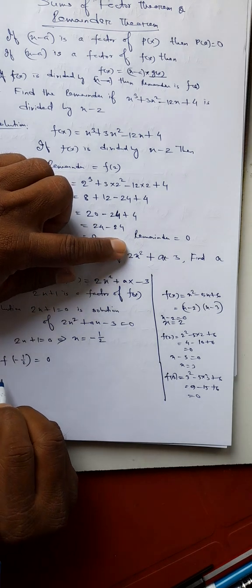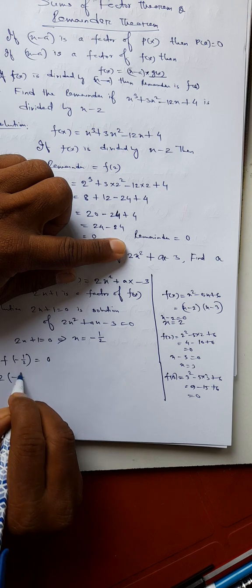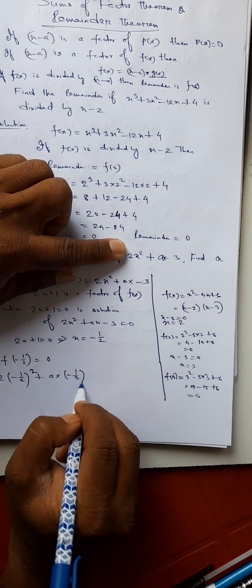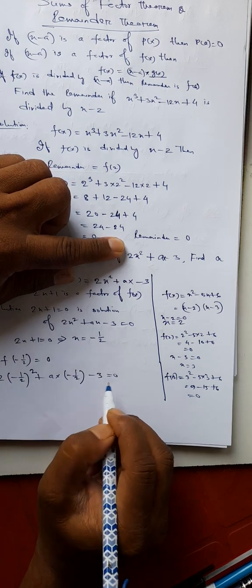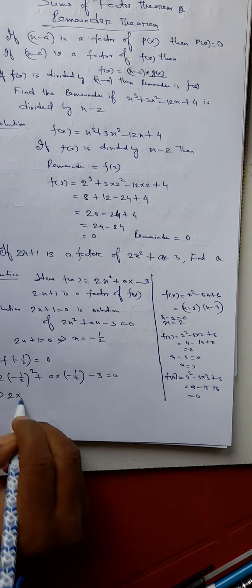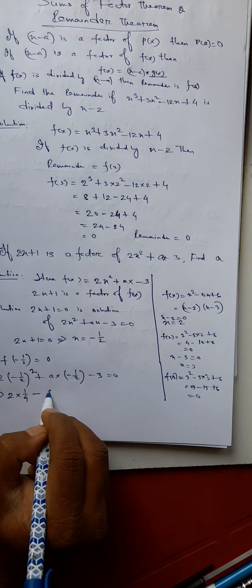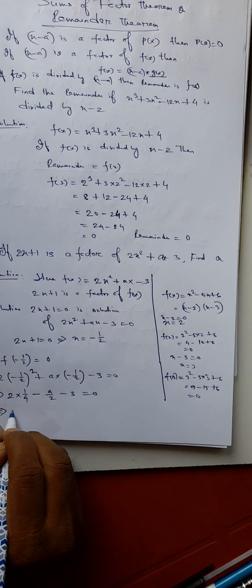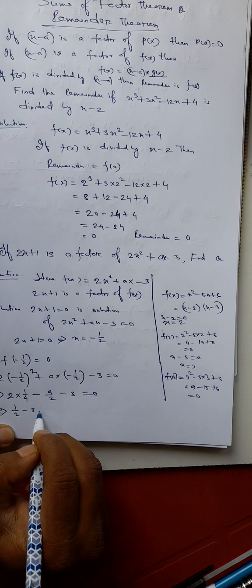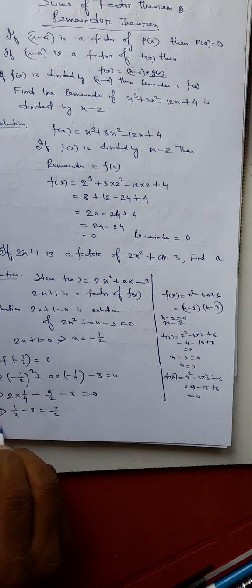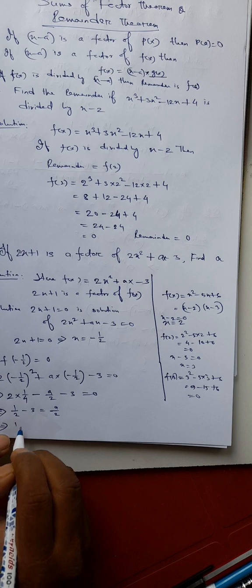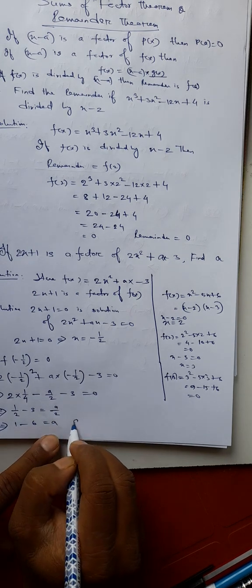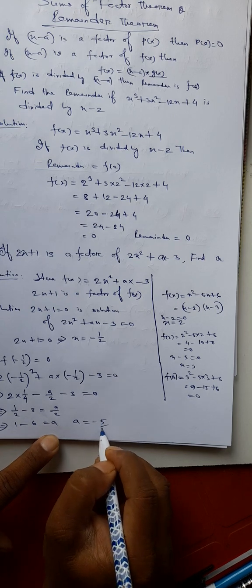You put x equal to minus half: 2 into (minus 1 by 2) square plus a into minus 1 by 2 minus 3 equal to 0. This implies 2 into 1 by 4 minus a by 2 minus 3 equal to 0. This implies half minus 3 equals a by 2. You multiply both sides by 2, you get 1 minus 6 equals a. That means a equals minus 5. This is the answer, right?